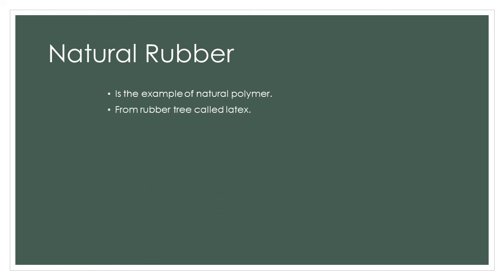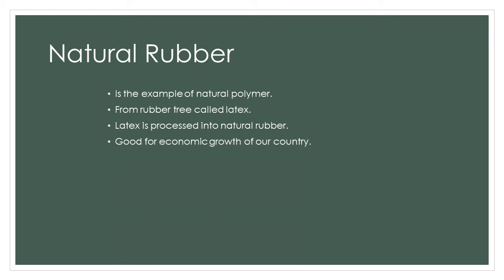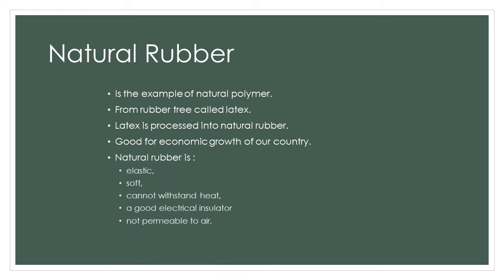From the rubber tree we get latex. Latex is processed into natural rubber. So we have to process latex and it will form natural rubber. This natural rubber is good for the economic growth of our country, Malaysia.